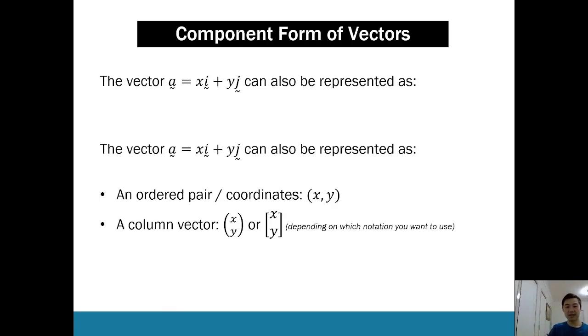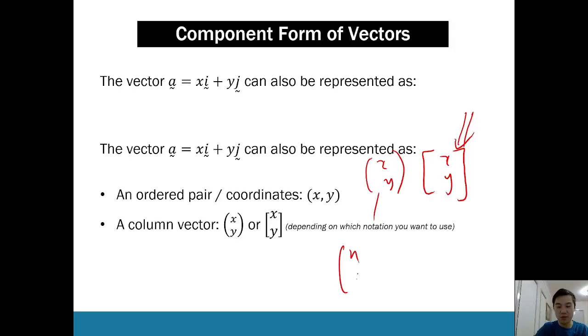So the vector A equals xi plus yj can also be represented as either an ordered pair or coordinates or a column vector. So you can either use your round brackets like that, or you can use the square brackets like that. I personally prefer the square rectangular brackets because this notation, we've seen it before when we did combinatorics.